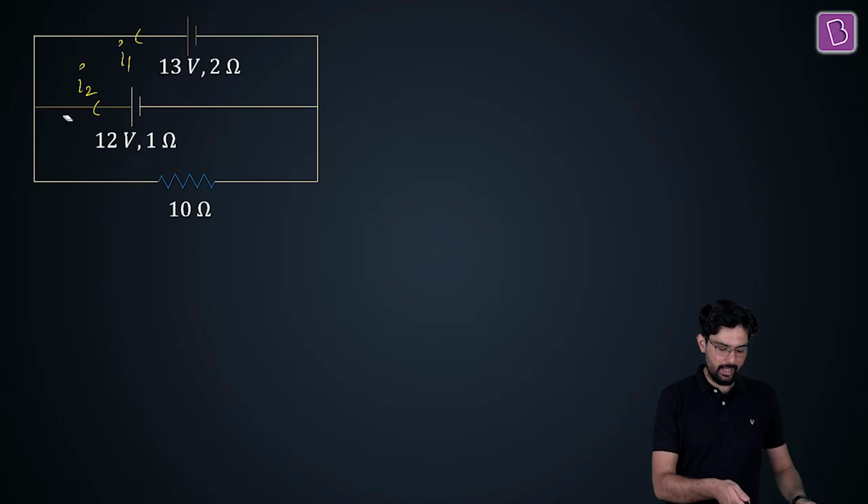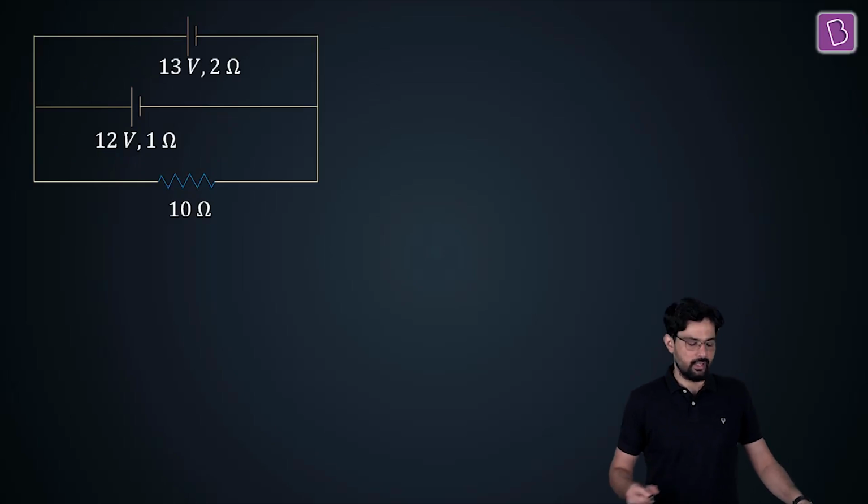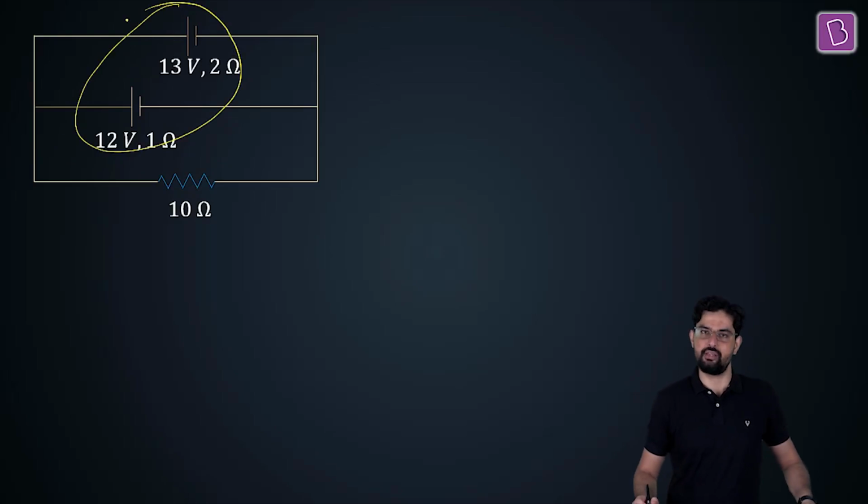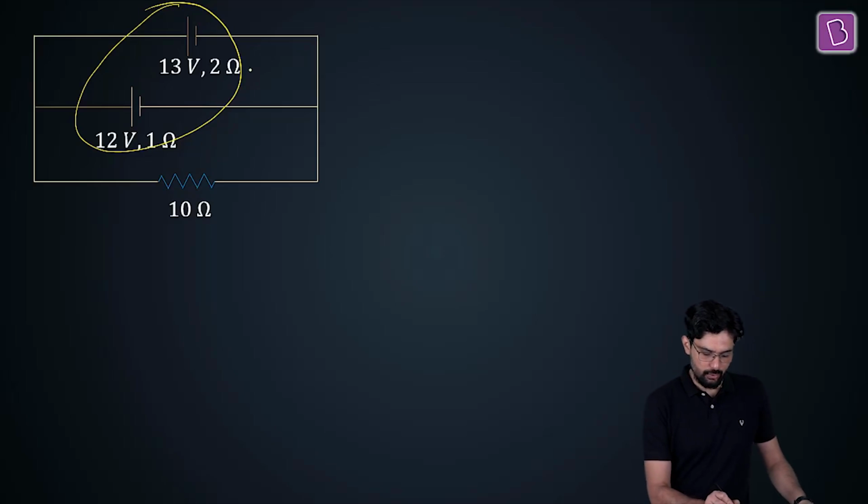But I am going to apply method number 2, where I am going to replace these two batteries with a single one. Okay? So let me write the formula that we are going to use.